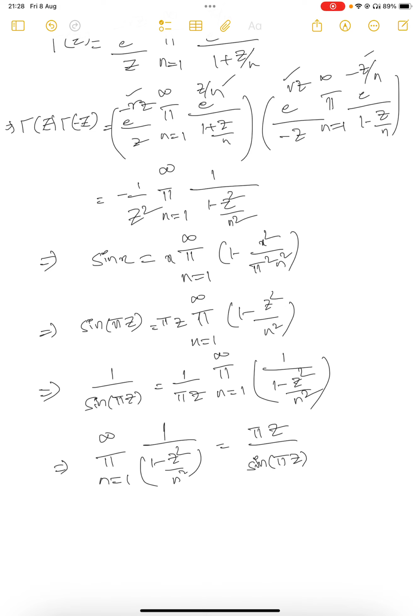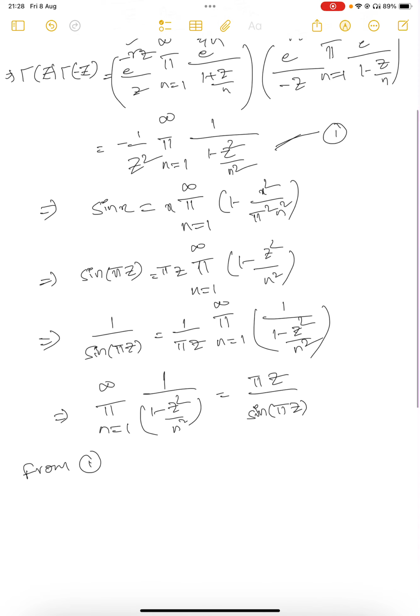So what we got finally from here, let it be equation 1. From 1, gamma of z into gamma of minus z equal to minus 1 by z square into product.